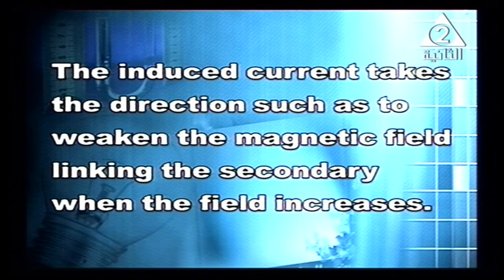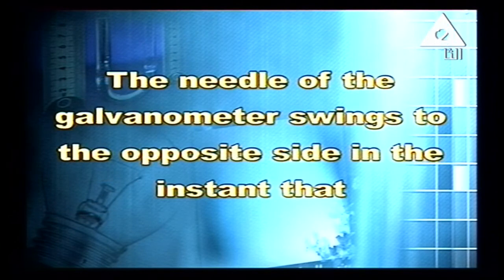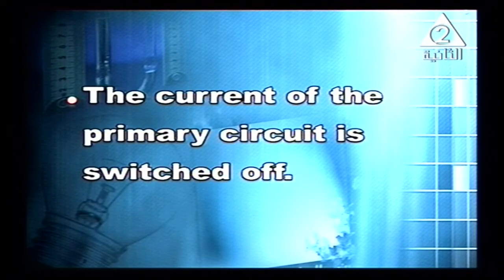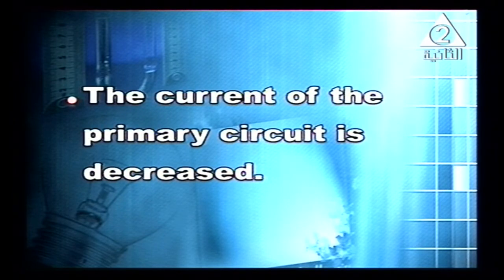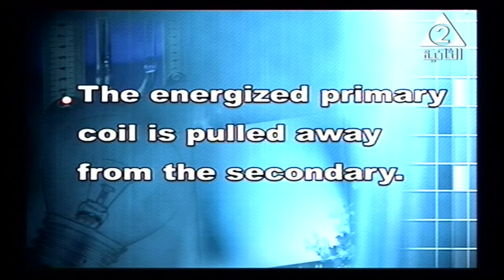The induced current takes the direction such as to weaken the magnetic field linking the secondary when the field increases. Okay, the needle of the galvanometer swings to the opposite side in the instant that the current of the primary circuit is switched off, the current in the primary circuit is decreased, or the energized primary coil is pulled away from the secondary coil.